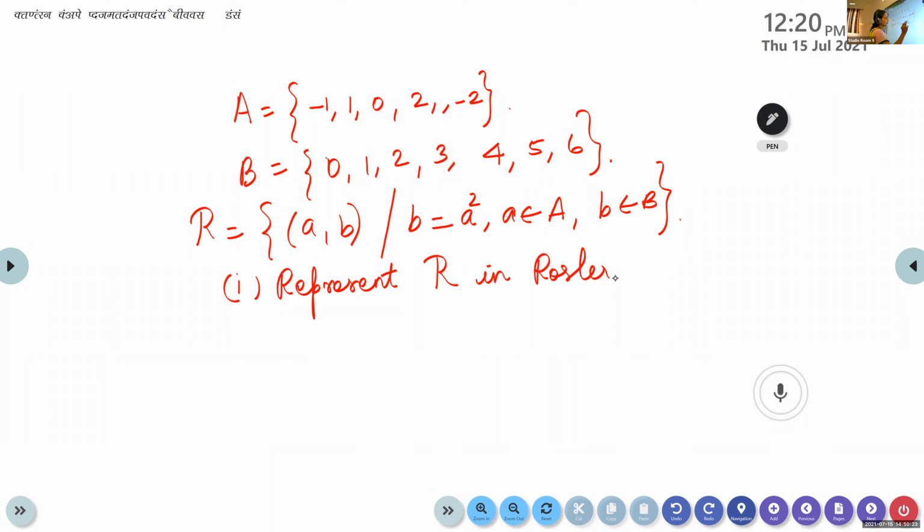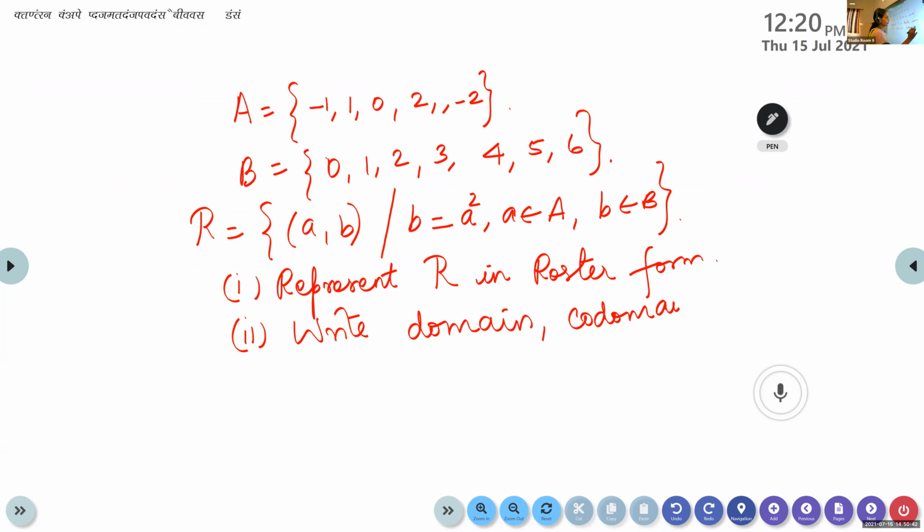Second one, write the domain, codomain and range of R. You have to write the domain, codomain and range of R.